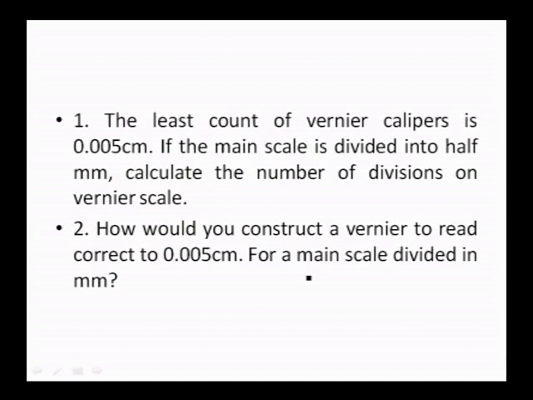He says, how would you construct a vernier scale in a given vernier calipers such that the instrument is able to read up to 0.005 centimeter, meaning that itself is the least count of that vernier calipers.